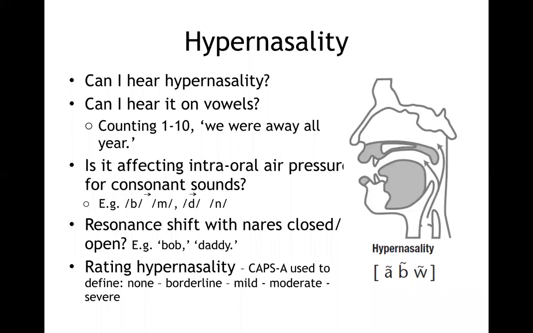I suppose the reason that we would suggest holding the nose would be if it's sounding very hypernasal when you're not holding the nose, and then when you hold the nose, does it improve it? It will possibly still sound a little bit different, but you should hear that they're able to make a better attempt at the oral sound because you're holding their nose.